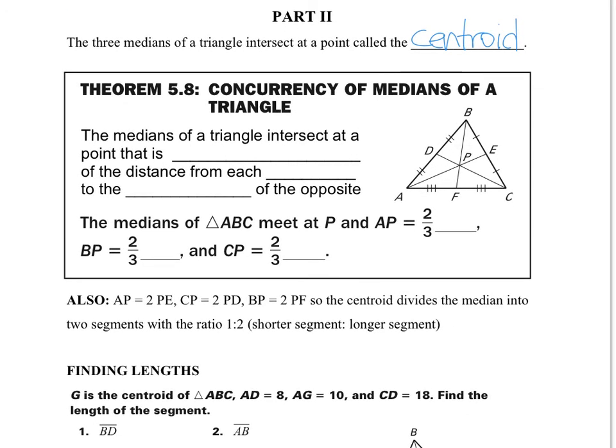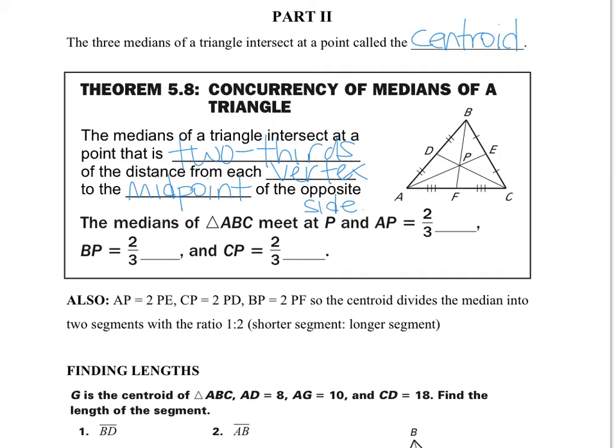The medians intersect at a point that is 2/3 the distance from each vertex to the midpoint of the opposite side.